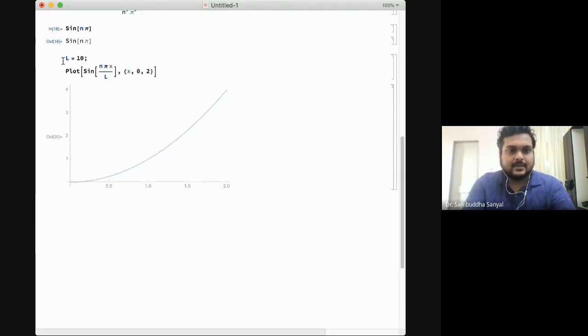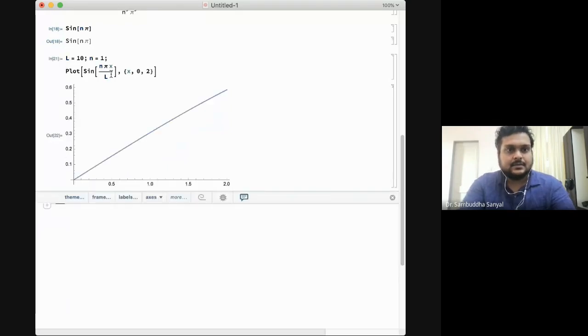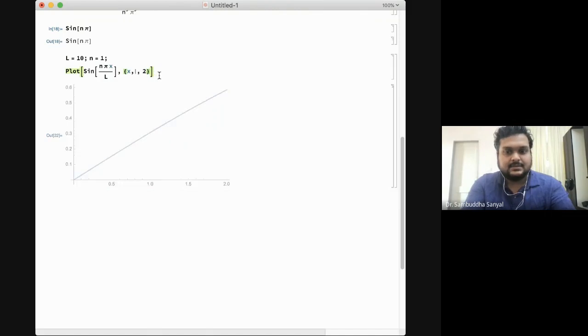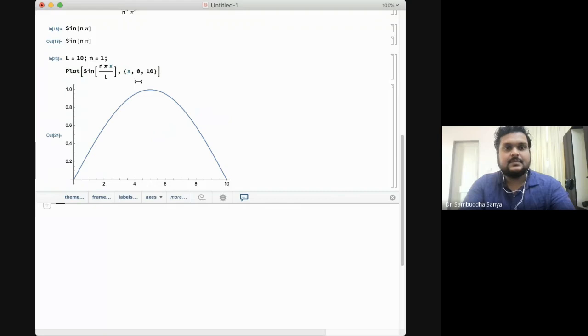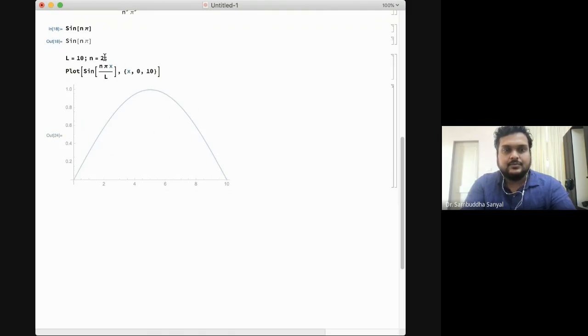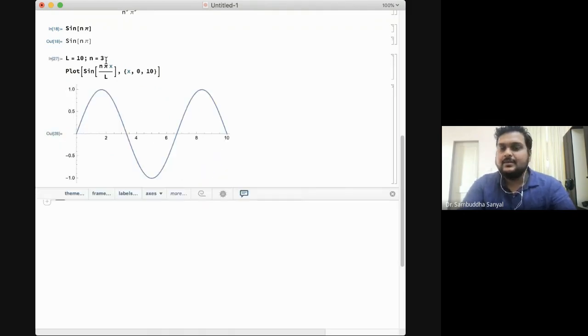N also needs to be defined. Okay, so this is what we expected. N equal to 2 will have 2 nodes, N equal to 3 will have 3 nodes, and so on. That's a straightforward thing.